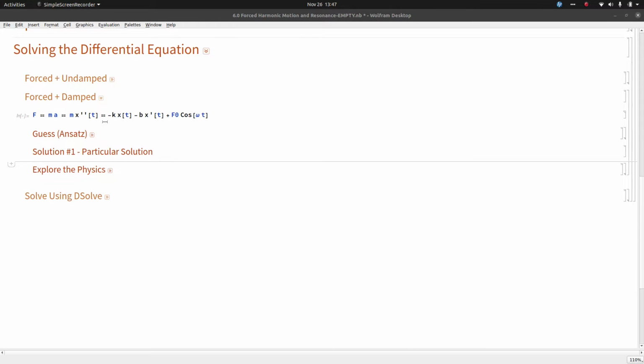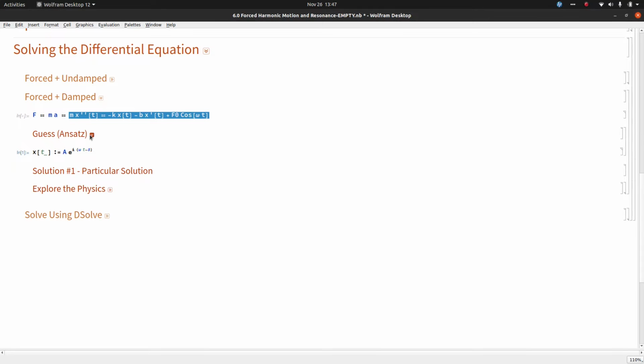So as always, we are going to try to solve our differential equation by guessing the solution. And since we anticipate it's going to be an oscillatory function, we're going to use our usual complex exponential guess for that.